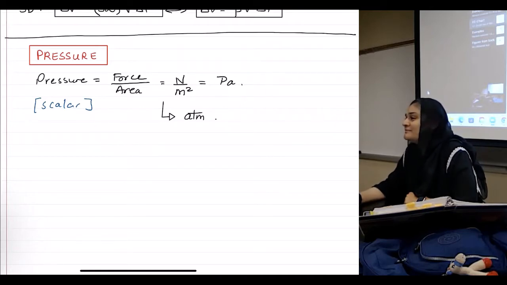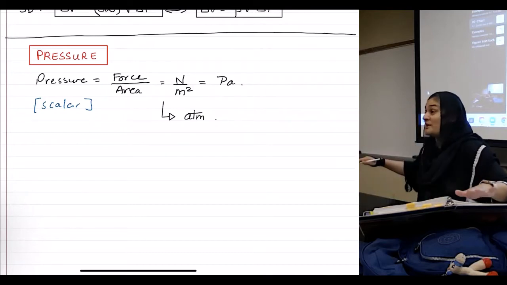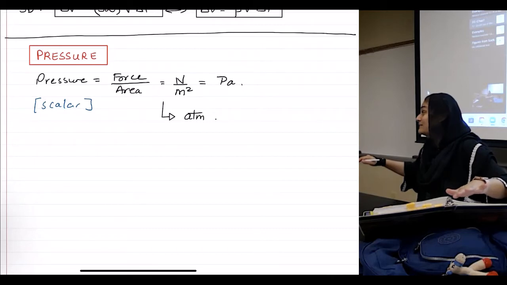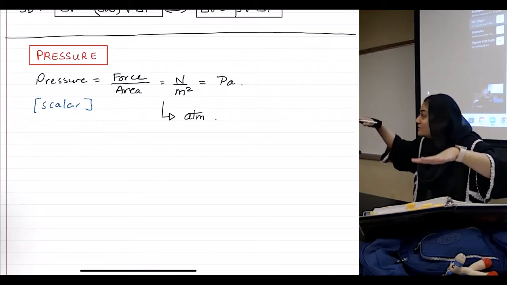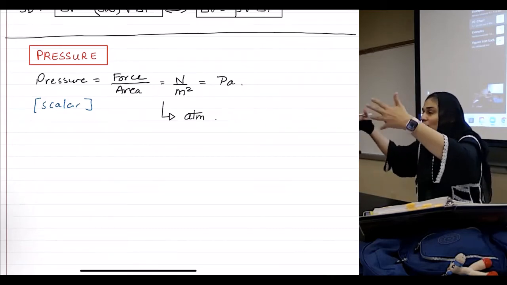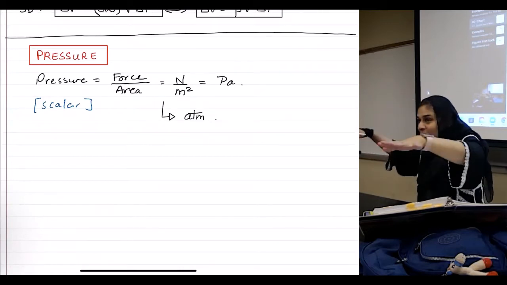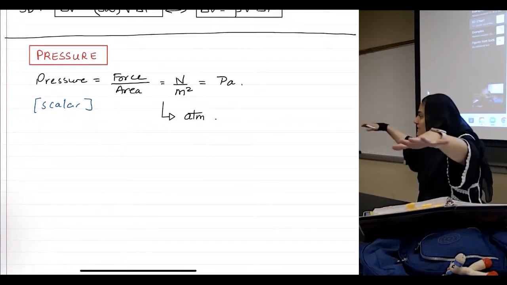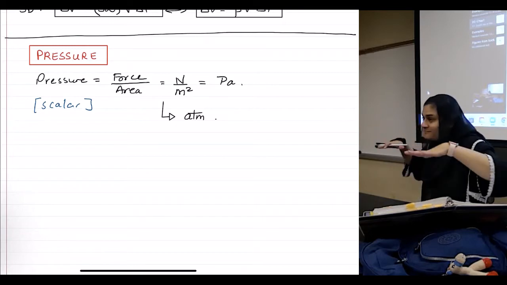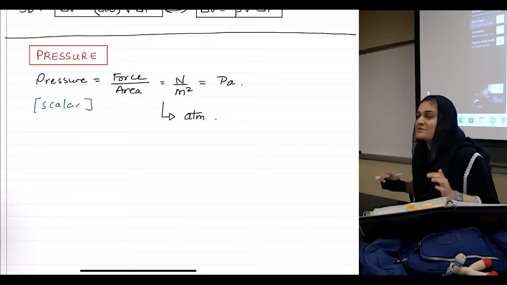Why sea level? Because sea level is a standard no matter where you are on the planet. Because water maintains its level no matter what you do. So yes, ignoring the tide, in general, the sea level gets maintained overall. Okay, so that's why we decided to call it that.